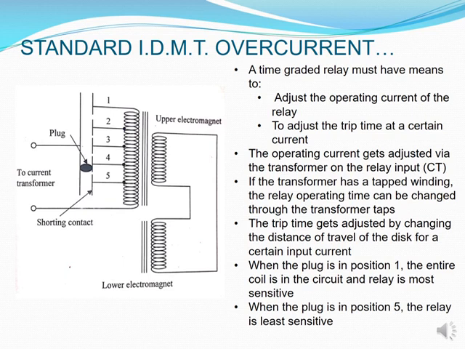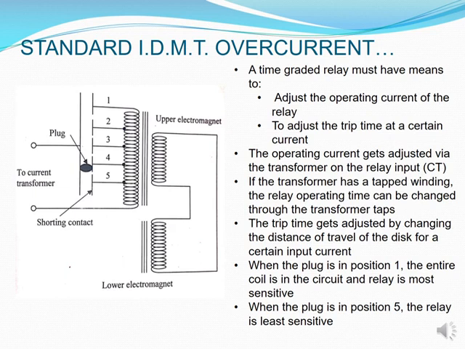Our operating current must get adjusted through that transformer, through those values of 1 to 5, and that really will talk to the operating time of the circuit as well. Your trip time gets adjusted by changing the distance of travel of the disk for a certain input current. So that 1 up until 5 will talk to the input currents that you're getting from your actual circuit that is out in the field.